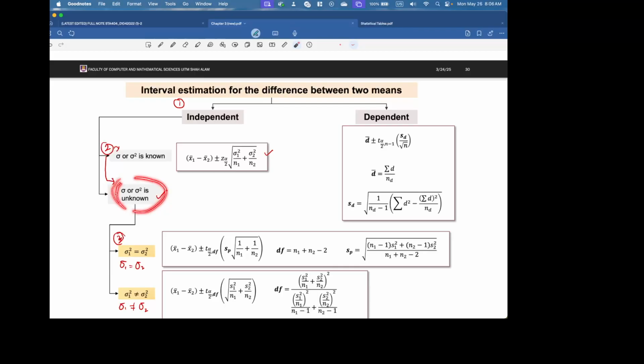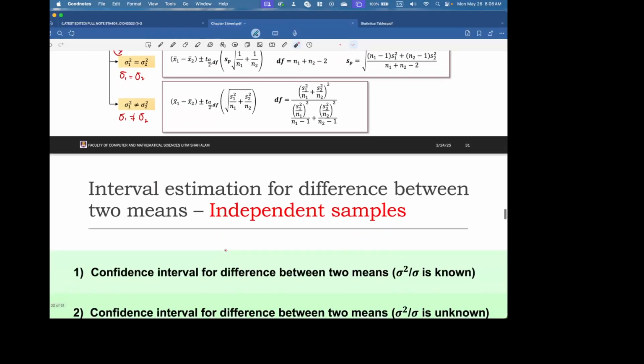They don't mention any population sigma or sigma square. The population standard deviation and population variance are not mentioned. But next, since we decide to use this one, we need another level of decision to determine which formula you need to use, this one or this one. So let's take a look at the question again.